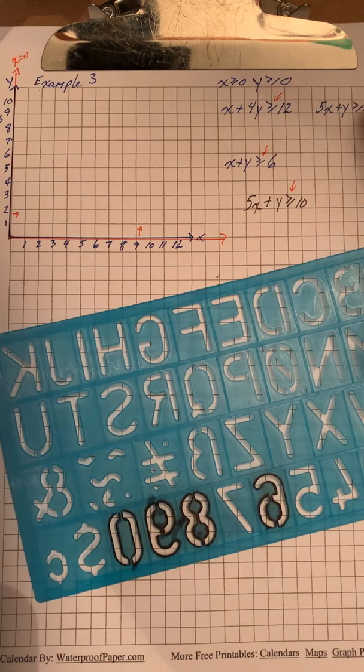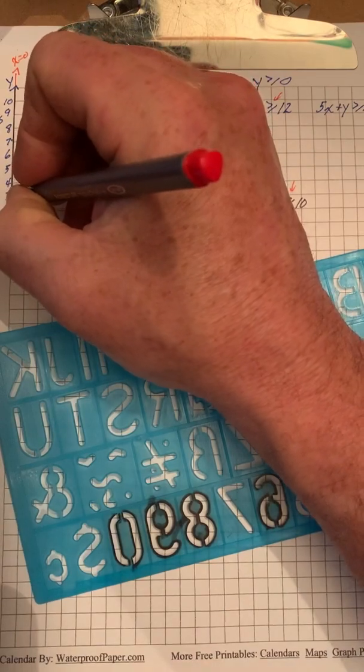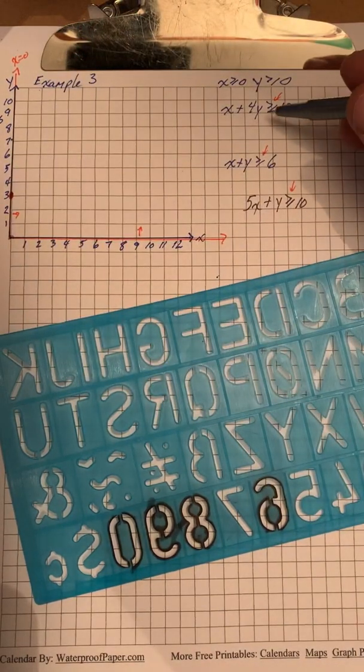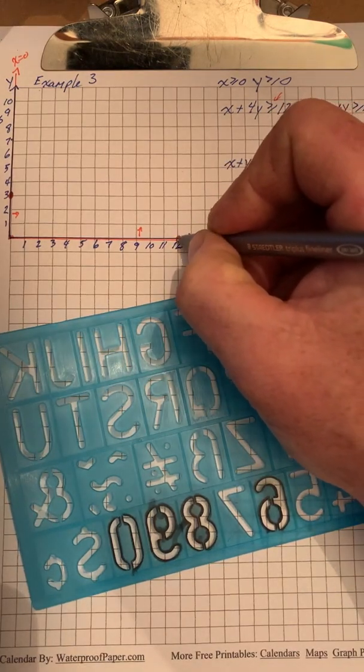I had to rewrite one of the equations. You can see it started here, but I rewrote it. So now we get x plus 4y is greater than or equal to 12. Well, if x is 0, y is going to be 3. Gives me a point right there. But if y is 0, x is going to be 12, right here.